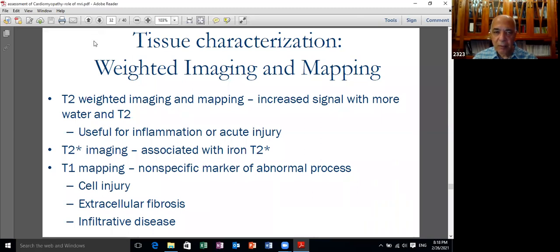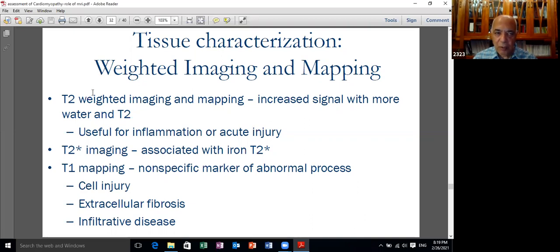So weighted images means dependent on, if you say T2 weighted images, it means that it is an image which is dependent on the characteristic T2 of the tissue.